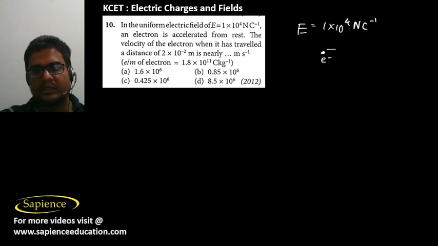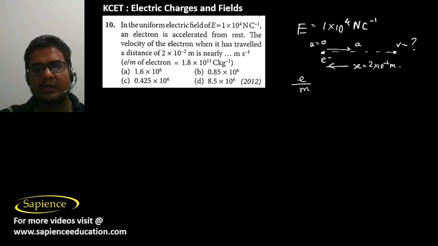The initial velocity of the electron is zero. We have to find the final velocity of the electron when it has traveled a distance x, which is 2 into 10 power minus 2 meter.